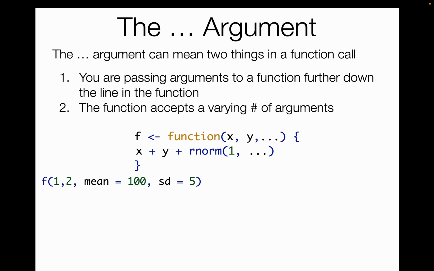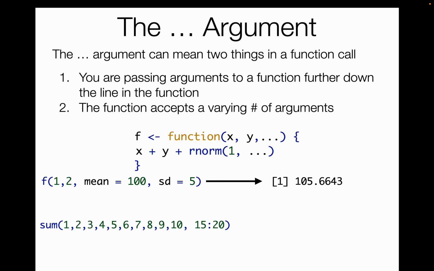So, for instance, if I do f of 1, 2, mean of 100, standard deviation of 5, it doesn't error on me, it works, and I set the mean of 100, standard deviation of 5, meaning a value of 105.66 is very reasonable with that mean and standard deviation. Okay, so that seemed to work.